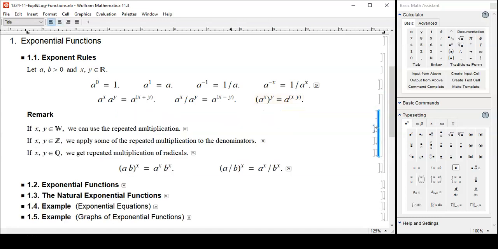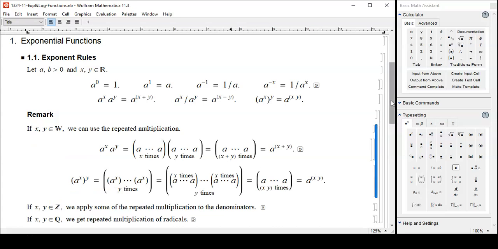Here's some reasoning, and we're not going to prove all of these here. Consider those as some helper, some indicator, so that you can memorize these formulas better. Okay, a special case when x and y are whole numbers, 0, 1, 2, 3, and so on, then you can prove like this, through repeated multiplication. Repeated multiplication x times, and then y times, put together we get a total of x plus y times.